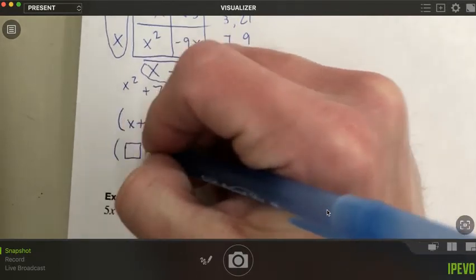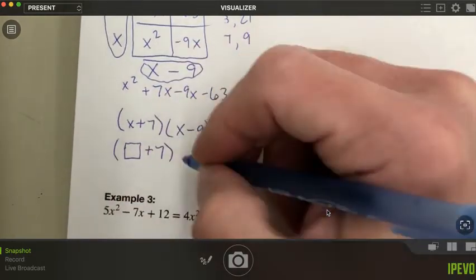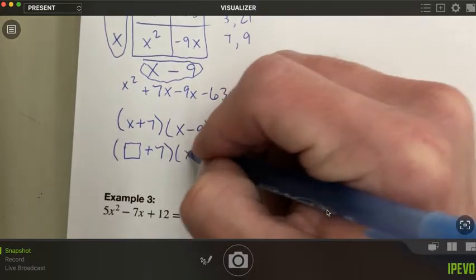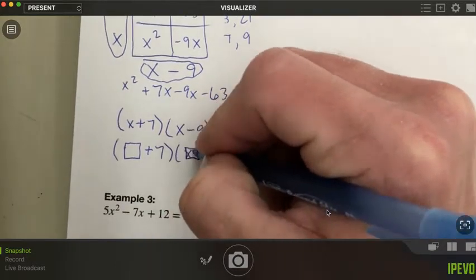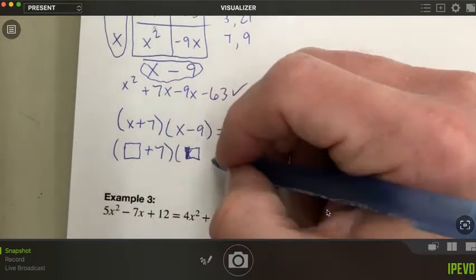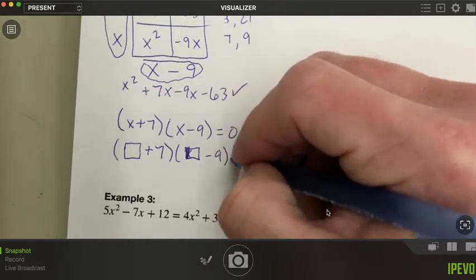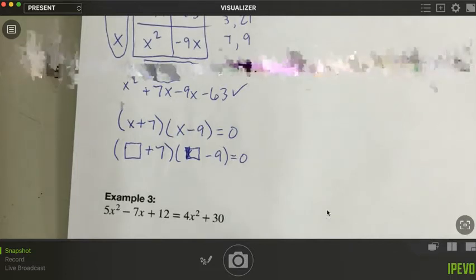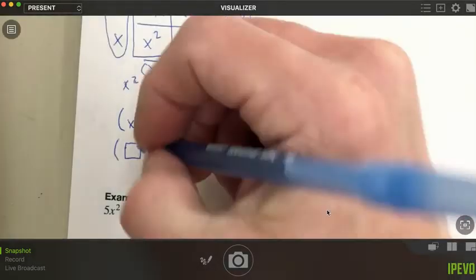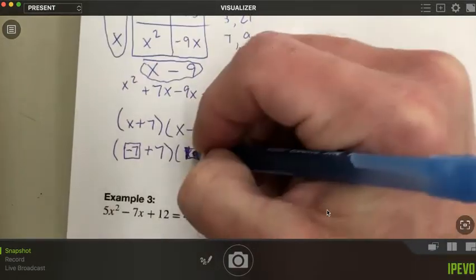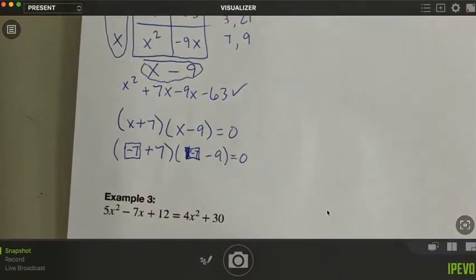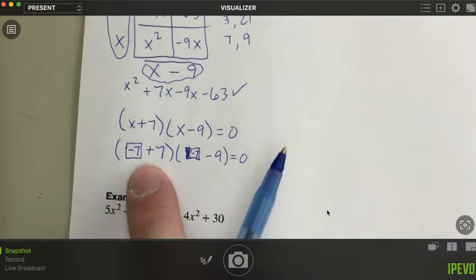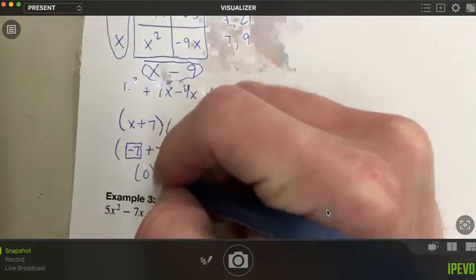And in this case, there's actually going to be 2 possible answers. All right. So the first case, I'm going to say that negative 7 is a possibility. And let's see what happens. So if I put negative 7 in here and here, negative 7 plus 7 is going to be 0.